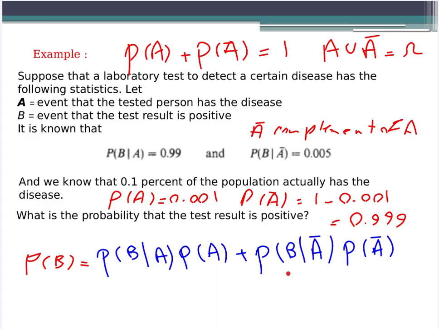Yes, Mr. Khafaji, we use these values in this formula. Now, what's the probability of B given A here? The probability of B given A here is this value. What's the probability of A here? We have the probability of A. What's the probability of B given A bar here?